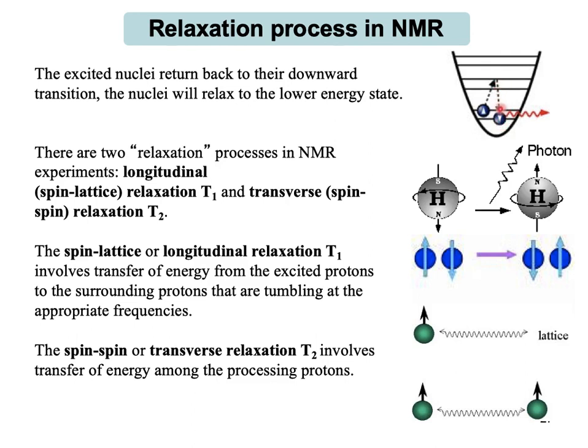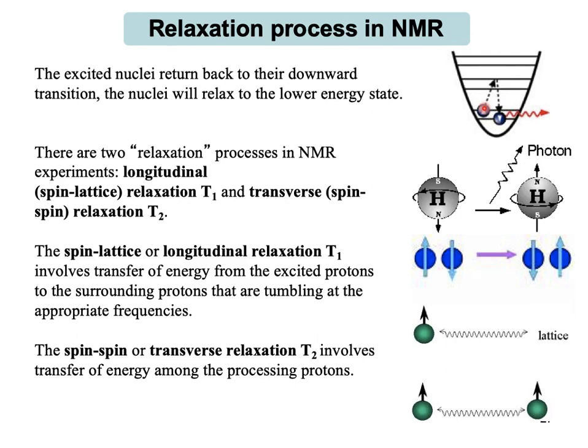During this relaxing back to the lower energy state, it will emit some information, right? So this phenomenon is called the relaxation process in NMR. Once it returns back to the lower energy level, this phenomenon is called the relaxation process in NMR.